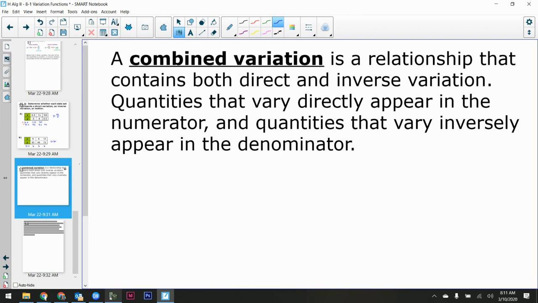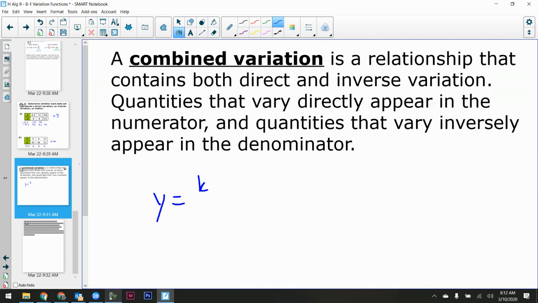For example, whatever variable you start with, if I say y varies, that means your y value should come first. It should be y equals. So if I say y varies directly with x, k always goes in the numerator. K was in the numerator for inverse variation, and there was no denominator for direct variation. So k always ends up in the numerator.